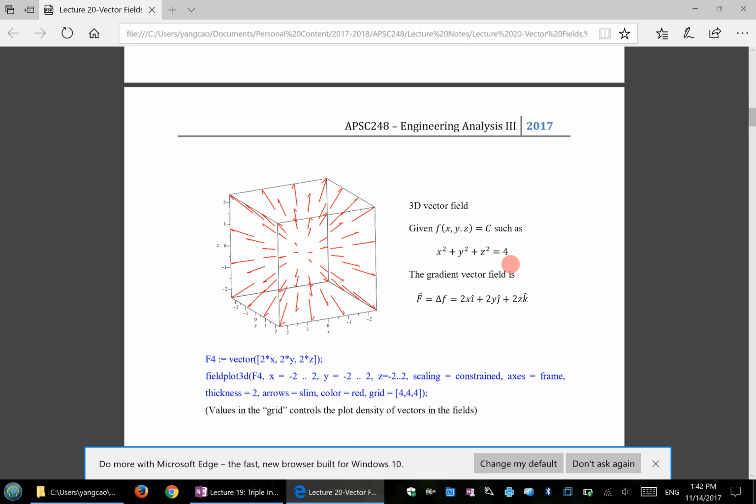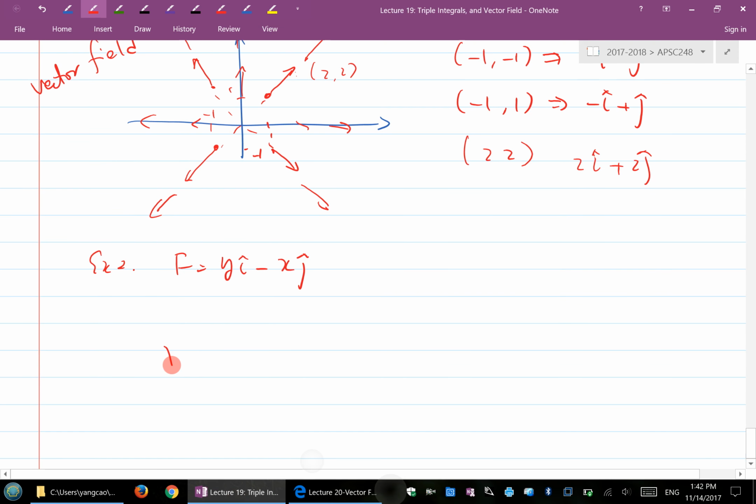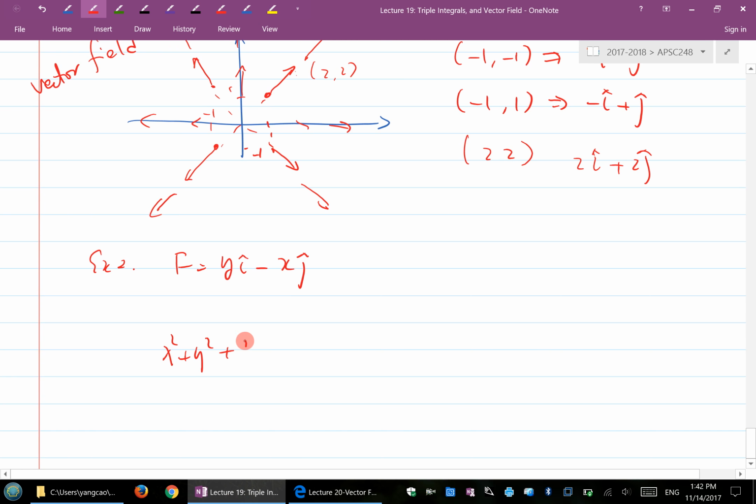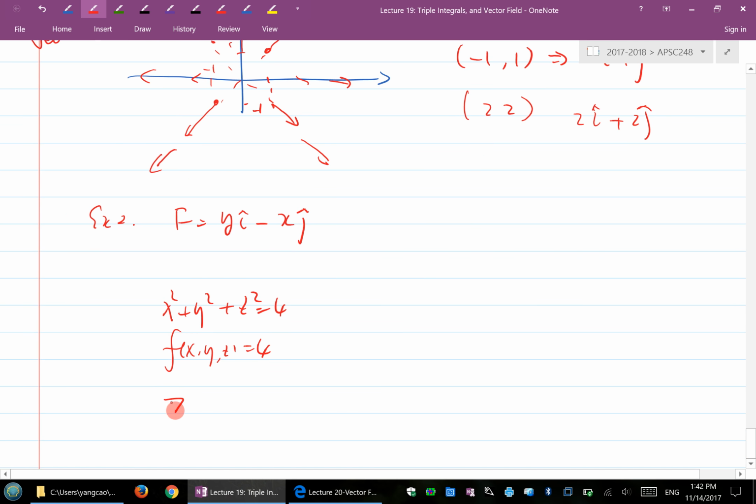Now if you take the gradient vector of f, that's what you get, basically 2x, 2y, 2z. So you've got a gradient vector, right?